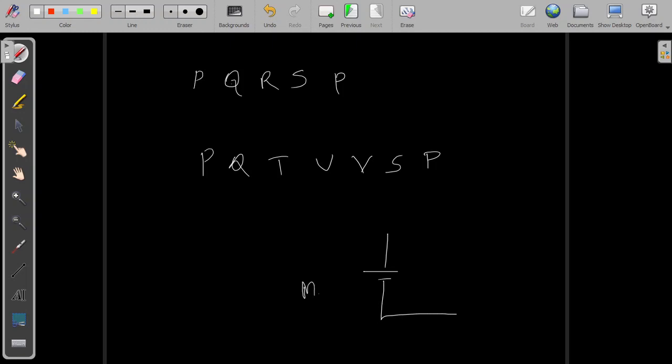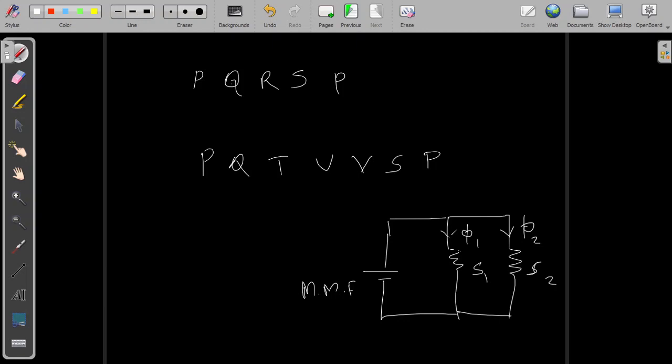Here we have MMF, and we have two oppositions, two reluctances, S1 and S2, and we have phi 1 and phi 2, two fluxes, and the total flux is phi t.